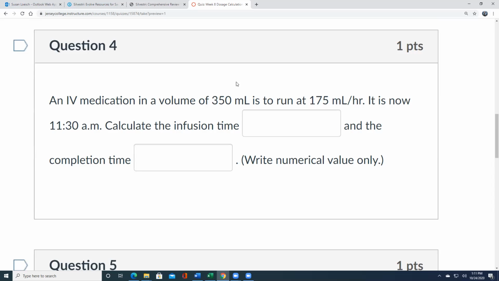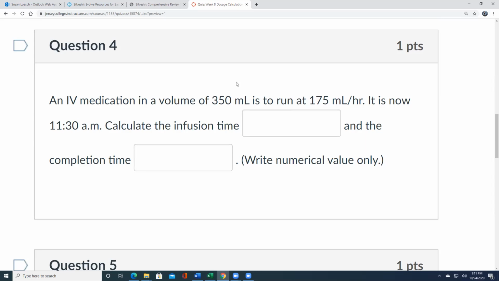So you have 350 mLs. If it's going at 175 an hour, how would you calculate the infusion time? It's total volume over your mLs per hour. So your total volume is 350. Your mLs per hour is 175.